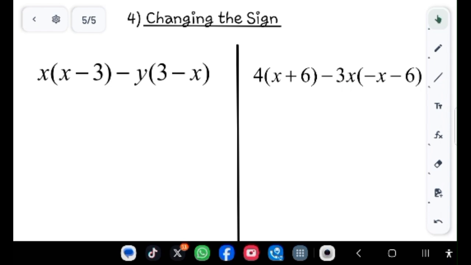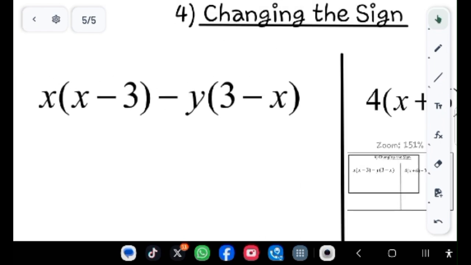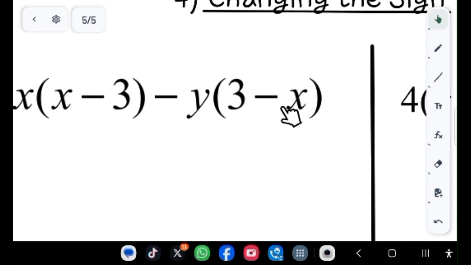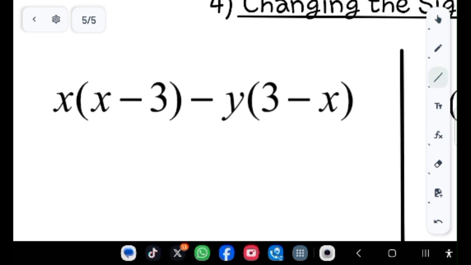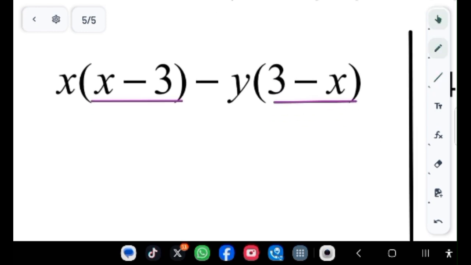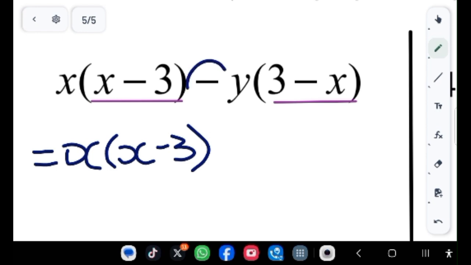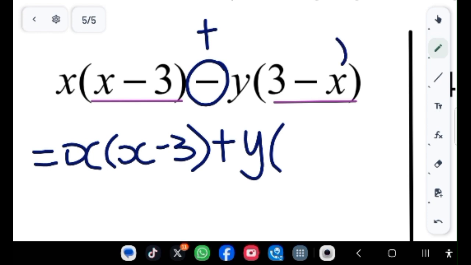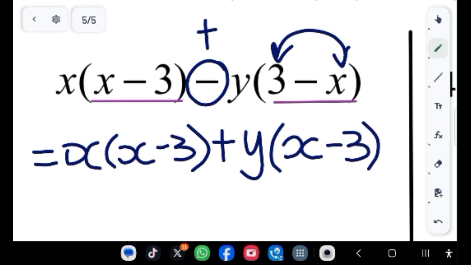Lastly, let's look at what happens when you need to change the sign. Here is what happens. Notice that we do have a common factor, but it's not quite looking the same way. Instead of x minus 3 on the second one, we have 3 minus x instead. Now what do you do in order to change this around? You can show a long way of getting this done, but basically all you do is you change the sign in here into a plus, and that changes this around, so that becomes x minus 3.